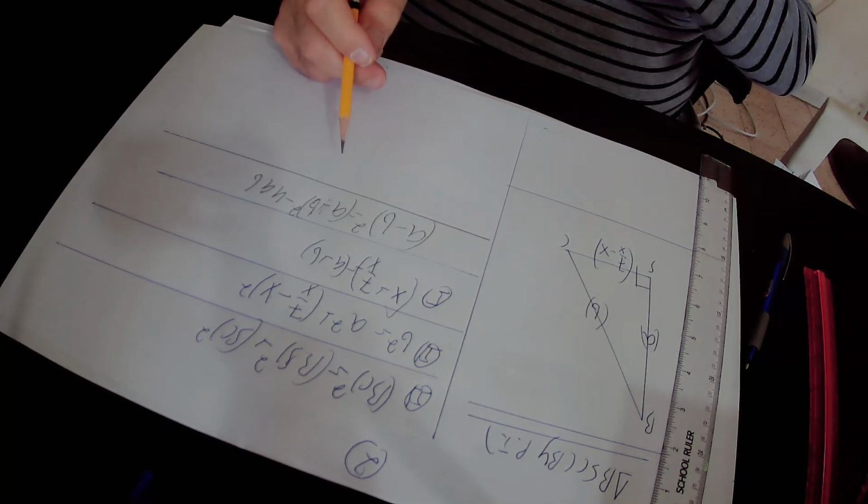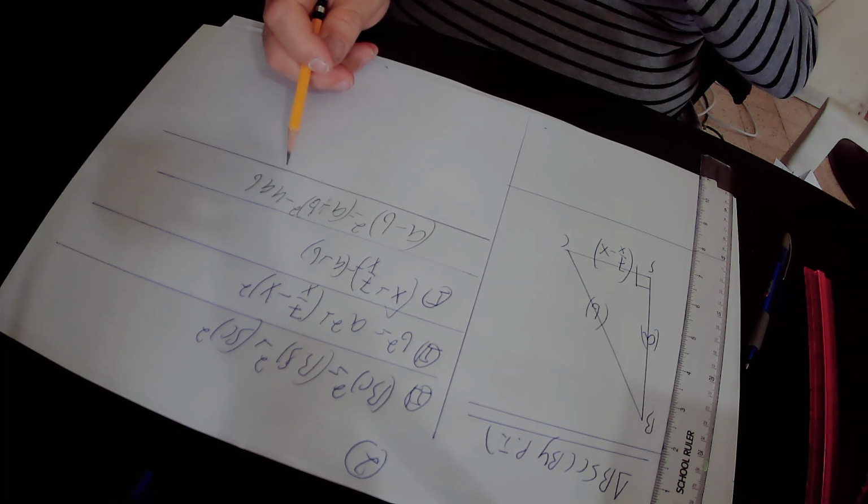So (A minus B) square equals (A plus B) square minus 4 times AB.